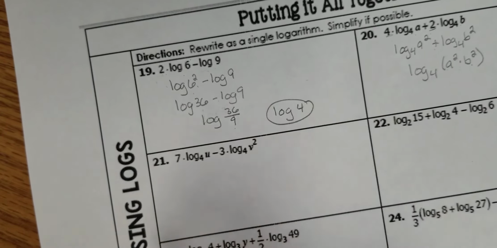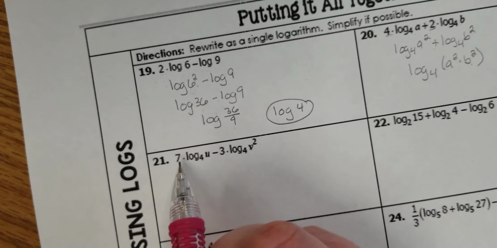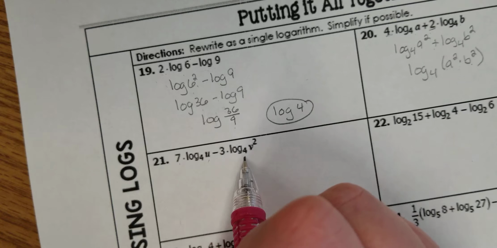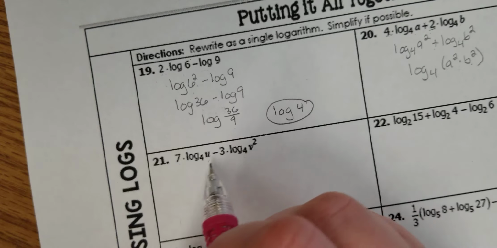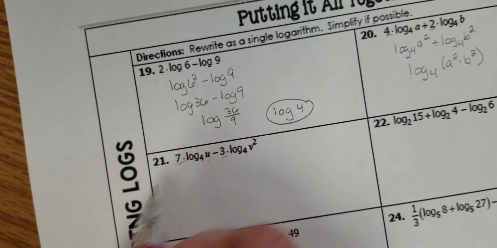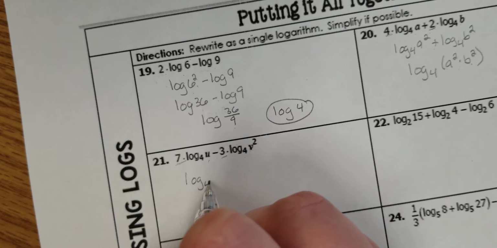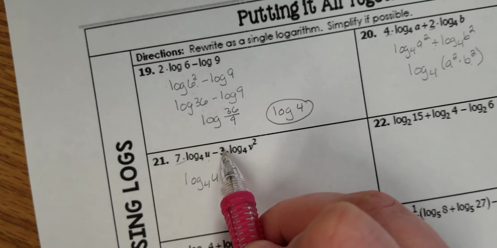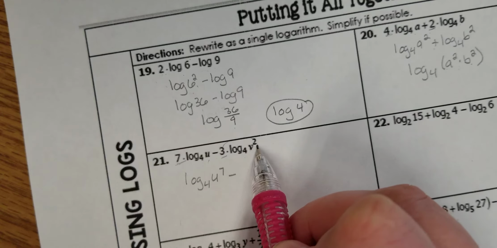So for 21, we have 7 log base 4 of U minus 3 log base 4 of V squared. So exponents first. So log base 4 of U to the 7th minus, now for this one, you already have an exponent here.